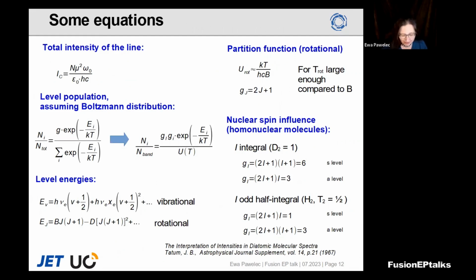You can find the data which show you every molecular level as a separate one, but you can also calculate the energies of those sublevels from expansions with the vibrational numbers and vibrational coefficients, rotational numbers and rotational coefficients, and the level population in the molecules in the plasma.